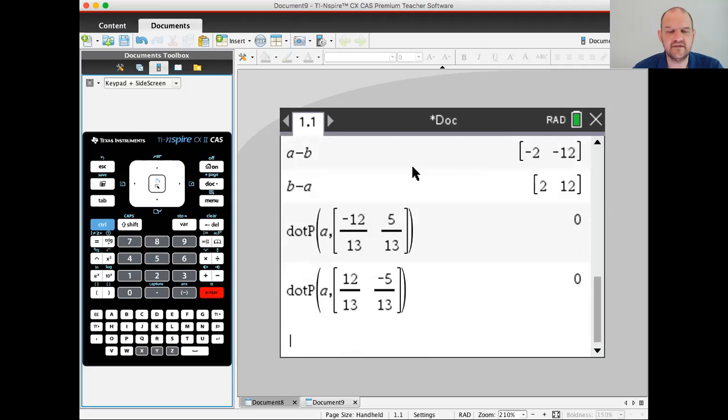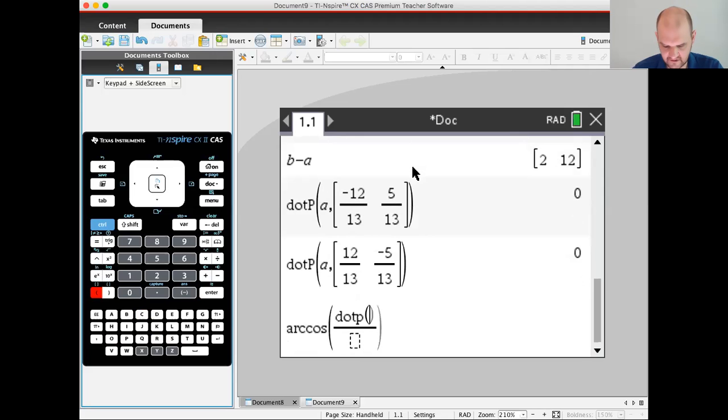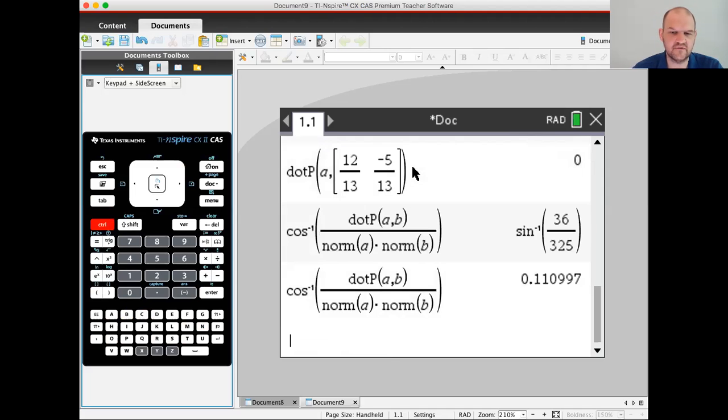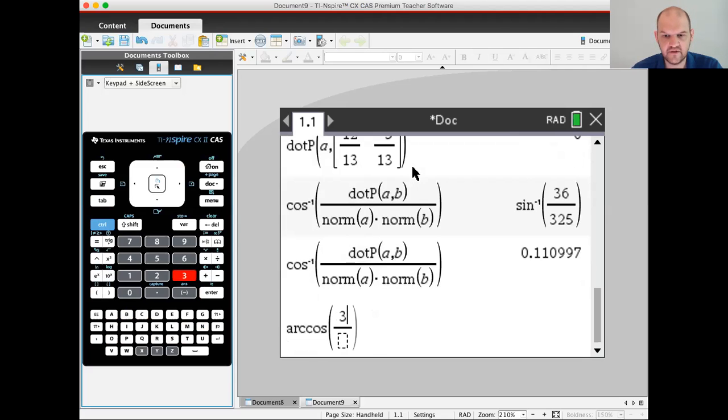Angle between. So I need to do the arc cosine of the dot product of a and b over the norm of a and the norm of b. So that, it's kind of like a preference thing. Let me get a decimal for that, and then I'll do the arc cosine of 323 over 325.